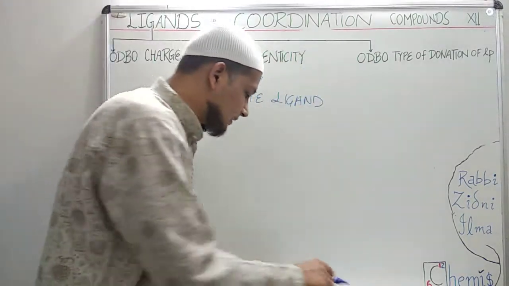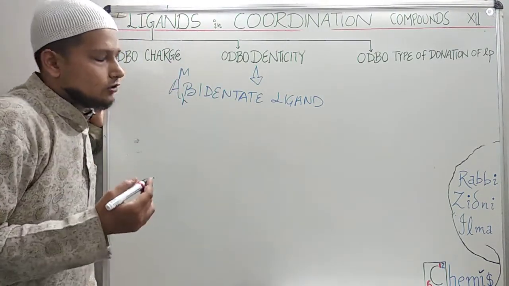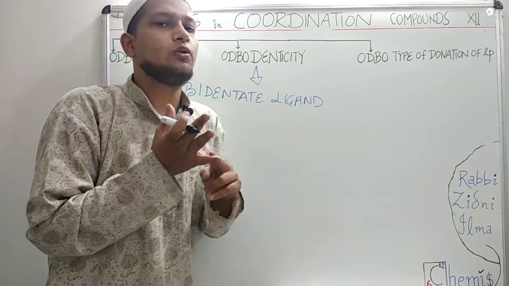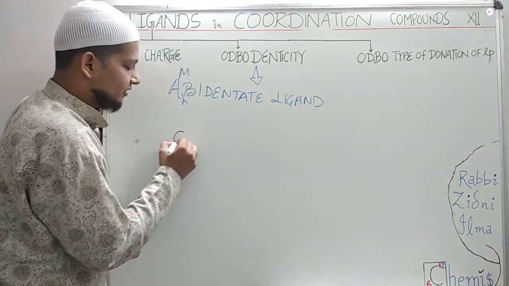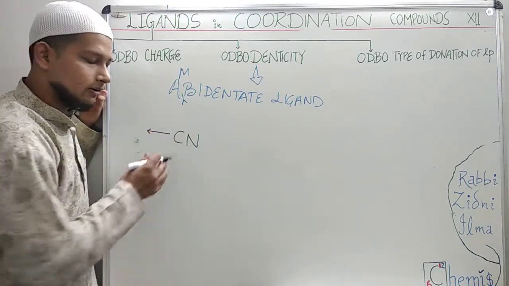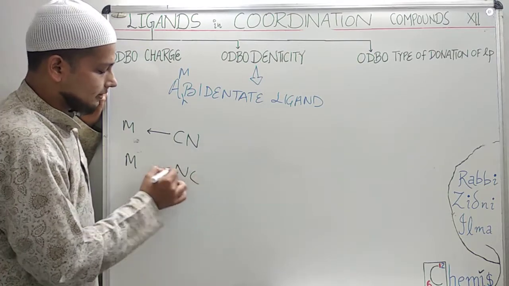Ambidentate ligand is basically a simple ligand which can donate a lone pair from 2 different donor atoms. Now look here, if you have CN, you can donate from carbon and get bonded with the metal, or you have the other option, nitrogen.